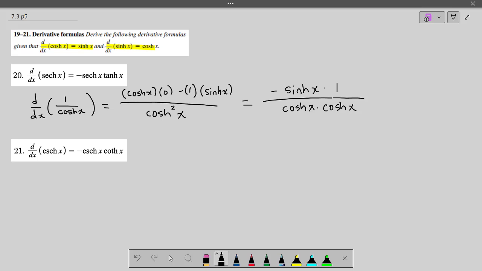And then you can just break it apart and see that, okay, 1 over cosh, that's sech. Sinh over cosh, that's tanh. And usually we write it not as tanh sech, usually we write it as sech tanh. Not that it matters. Commutative law of multiplication is true. So we'll get that.